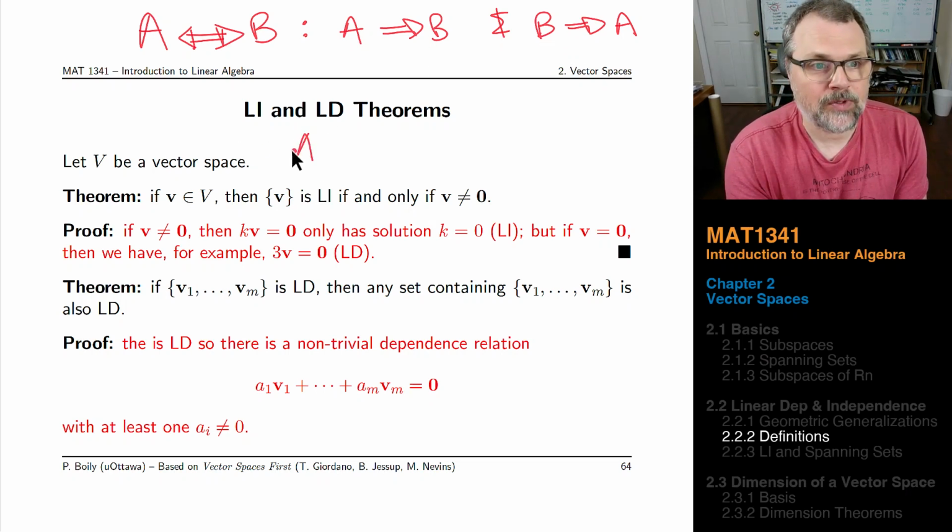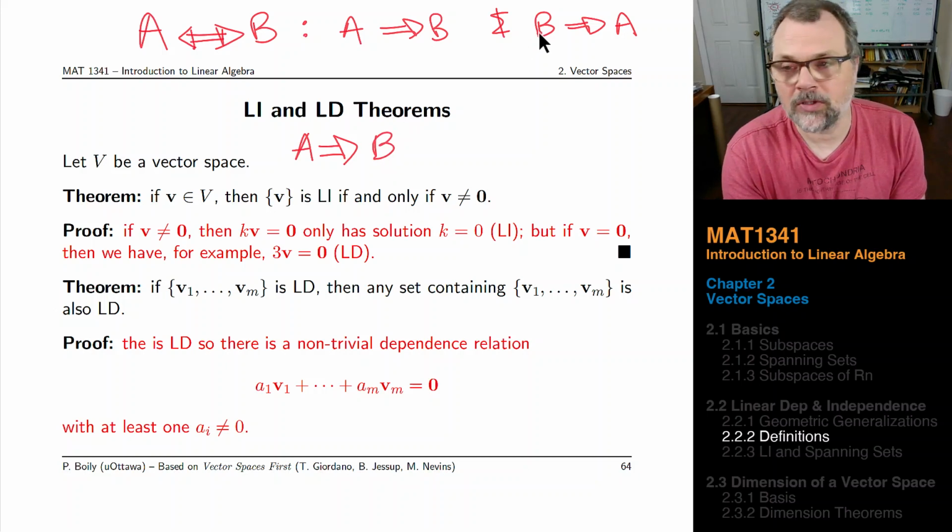A implies B is not in general the same thing as B implies A. But it is going to be equal to not B implies not A.